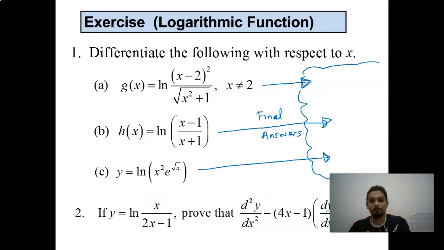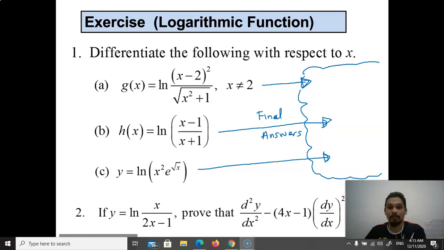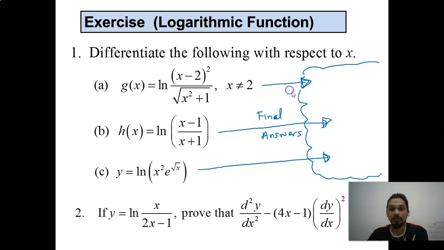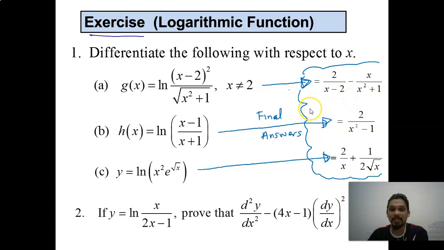Now differentiate the following with respect to x, the natural log of this expression. The final answer given there is 2 divided by x minus 2. This is an exercise, and also this one here.